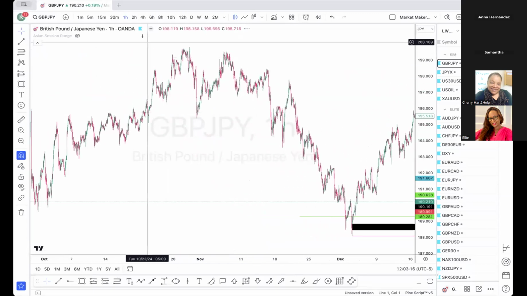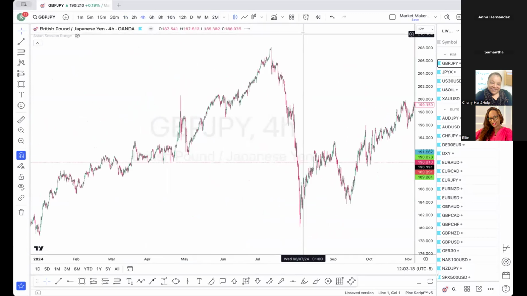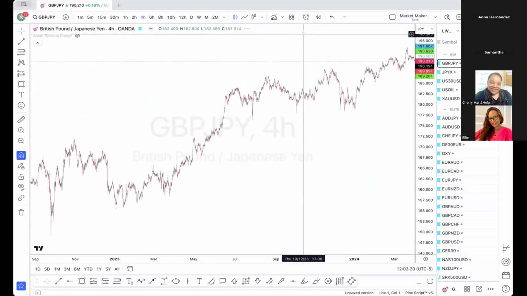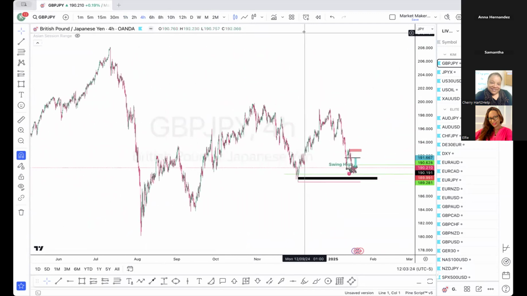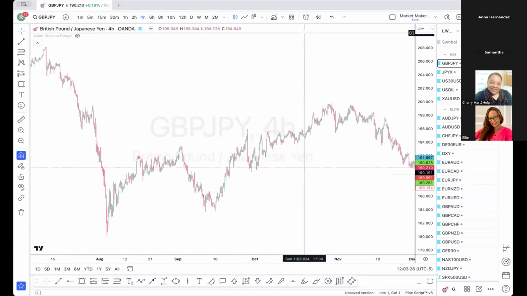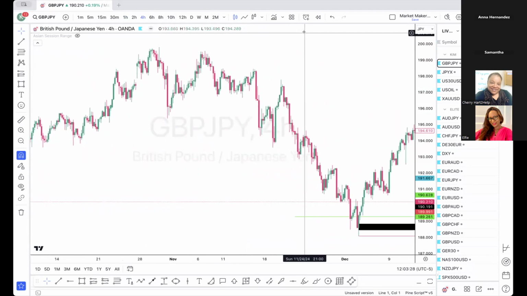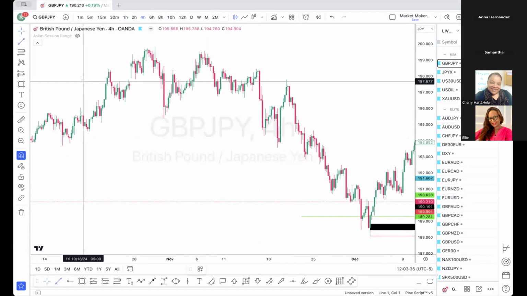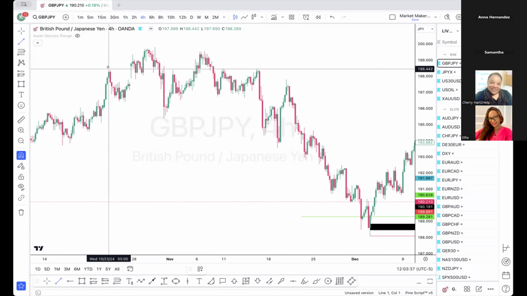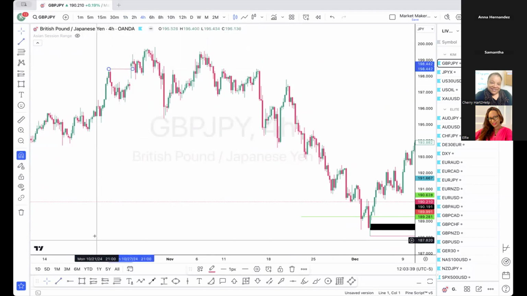All right, so let me go to the 4 hour. And let me go back over to where I was. Oh, right here. No, that wasn't it. It was over here. Okay. So y'all know I'm always looking at market structure first. That's first and foremost. So I identify my break of structure.